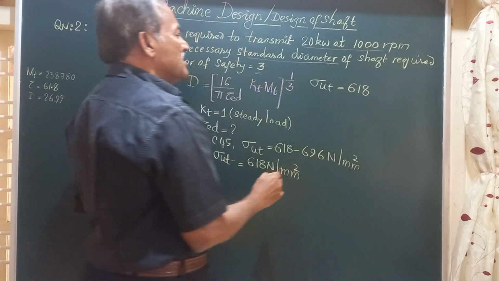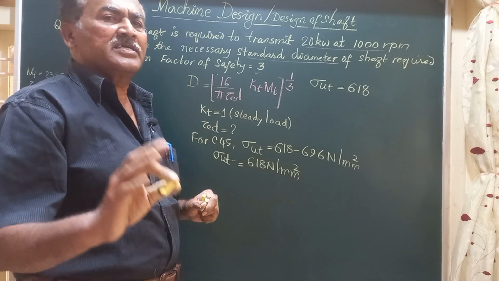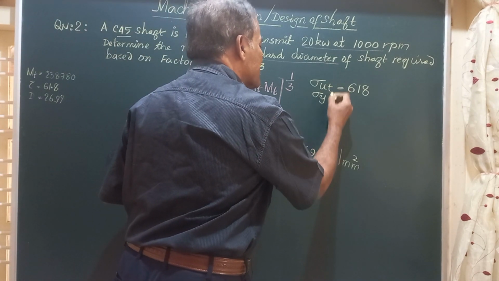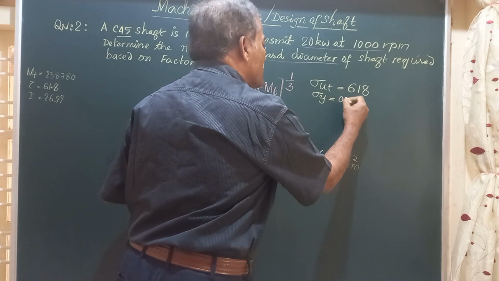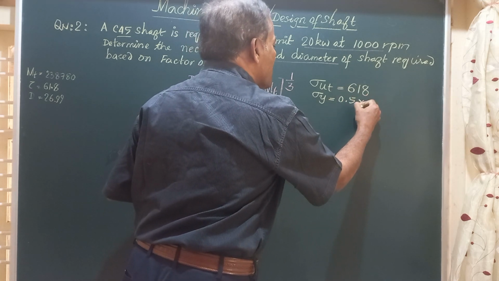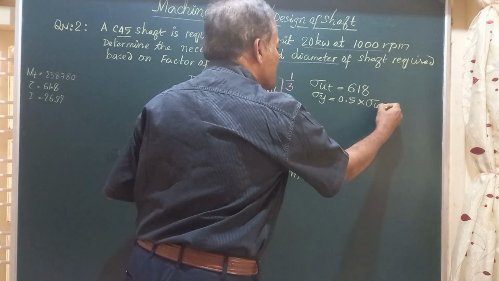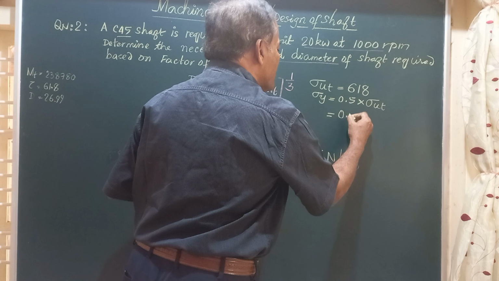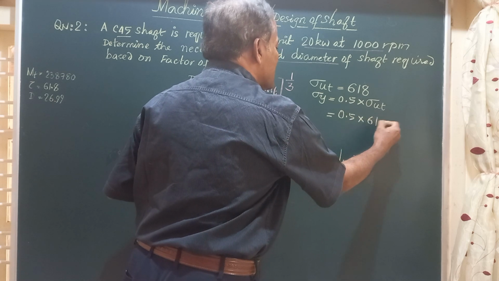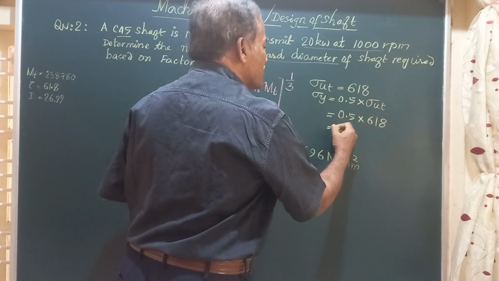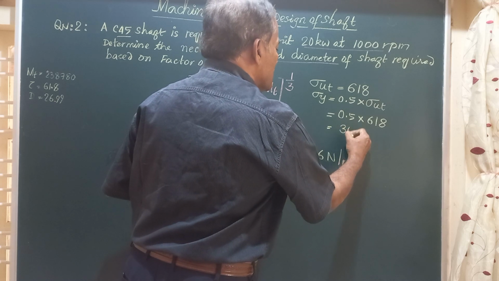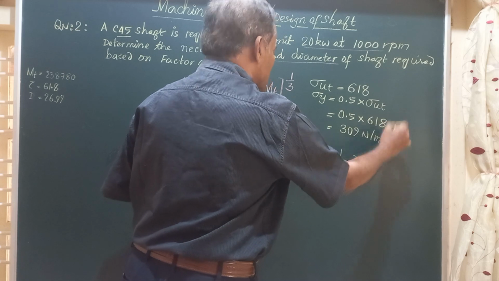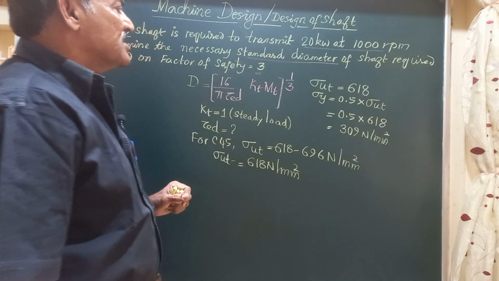So from this, I am going to obtain the yield value, that is sigma y, which is generally taken as 0.5 times sigma ut. So these are very important in design. So this will be 0.5 multiplied by 618, that works out to 309 Newton per mm square, which is the value of the sigma y.